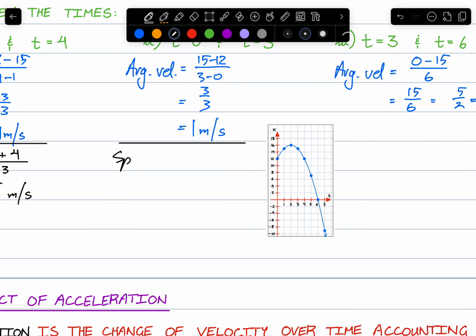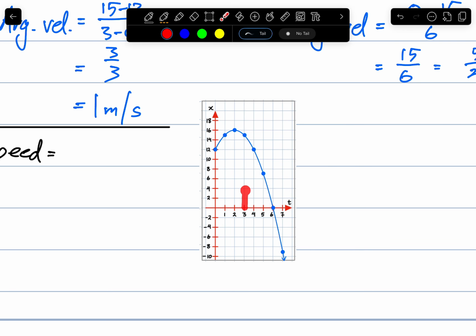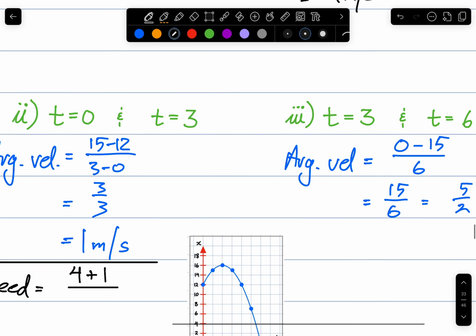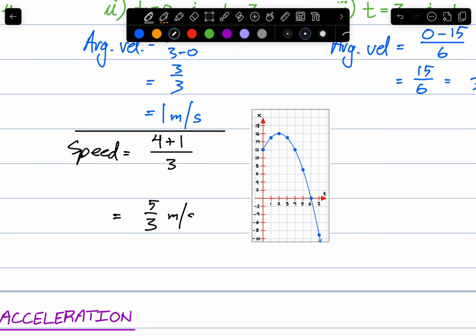Again, let's finalize these. The speed from 0 till 3. Well, that one's actually, again, we're going from 12 to 16. 12 to 16 is 4 meters, plus from 16 down to 15 is another meter over 3 seconds. And again, that one's giving us 5 over 3 meters per second once again.